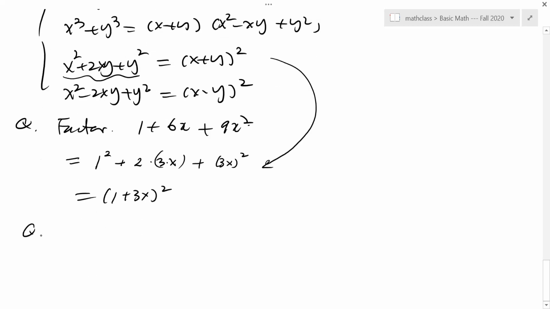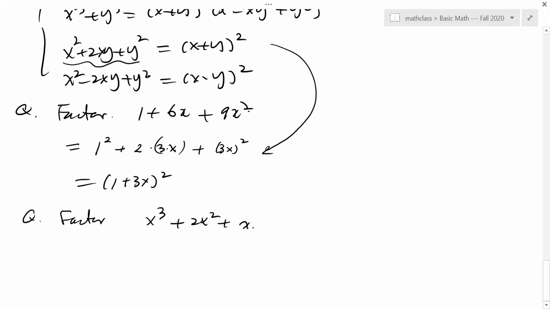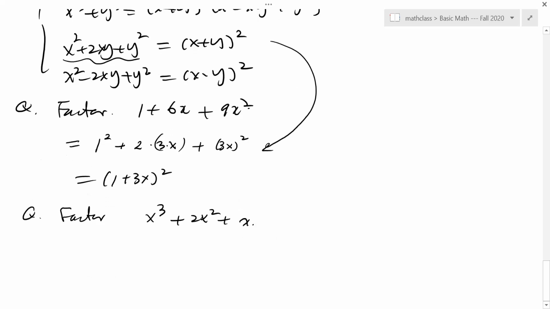All right, so let's do a little bit easier one. Factor x cubed plus 2x squared plus x. Keep these formulas aside, so you can always use them. Here x is 1, y is 3x.